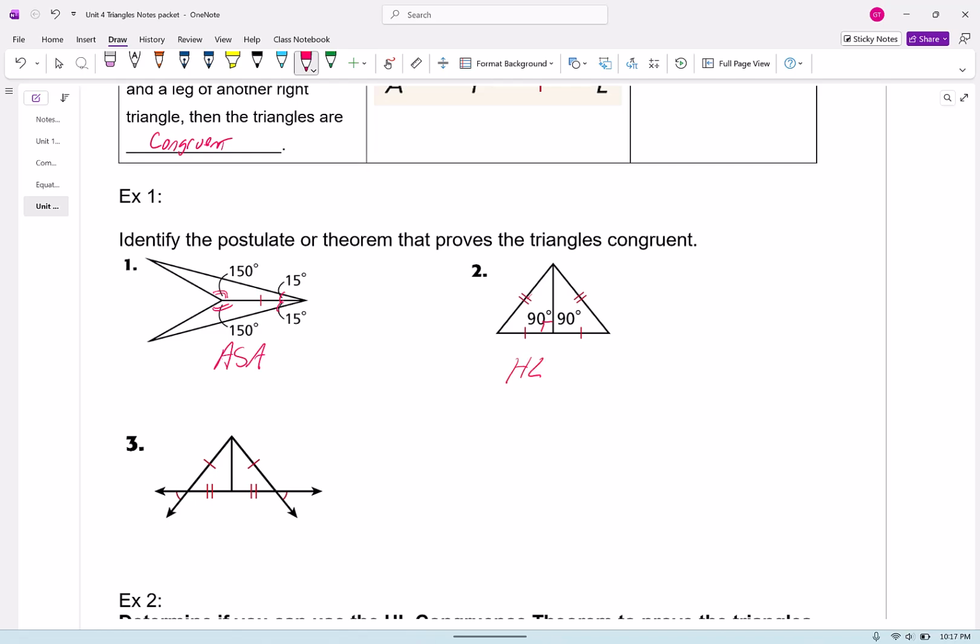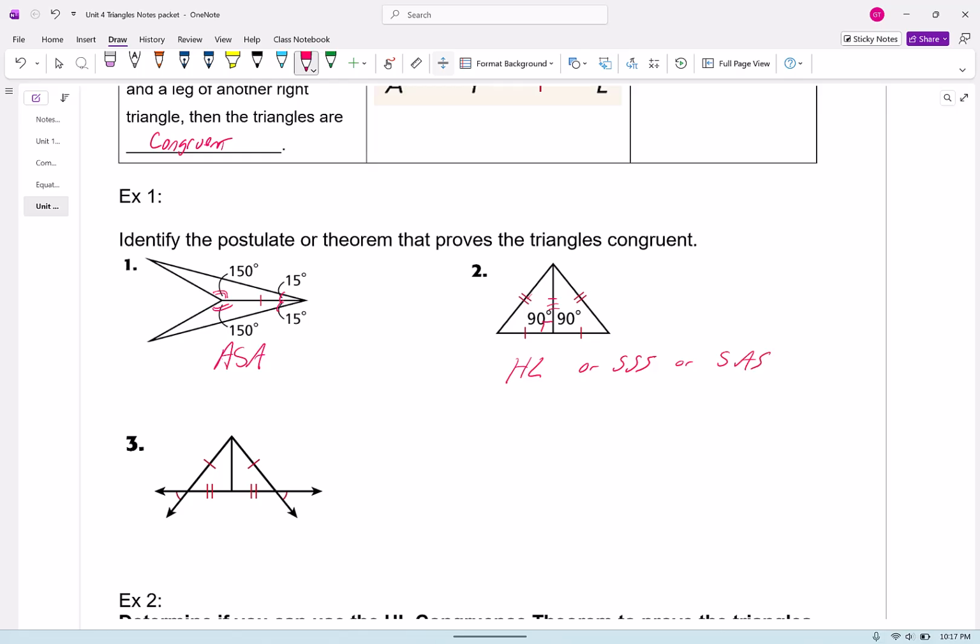So this is going to be a hypotenuse leg. But I also have this right here in the middle. So reflexive tells me that's the same. So I could also use the side, side, side. Okay, and so if that is true, I also have a side, I have an angle and have a side, or that to prove it.